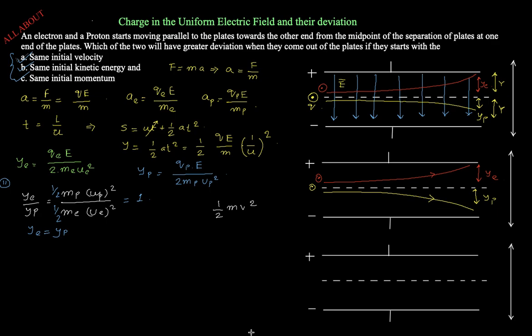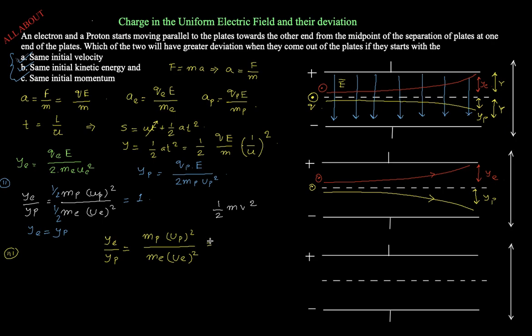Now the third part. For the third part, there is the same initial momentum. So we can write YE by YP, because we have to compare them, is equal to MP into UP square by ME into UE square.